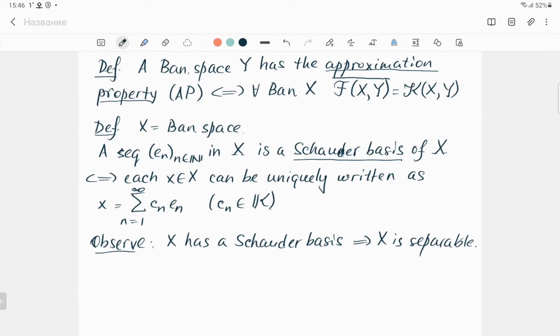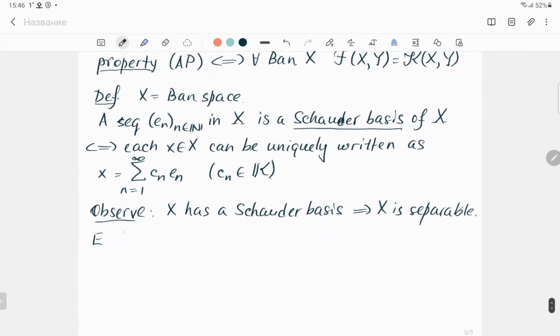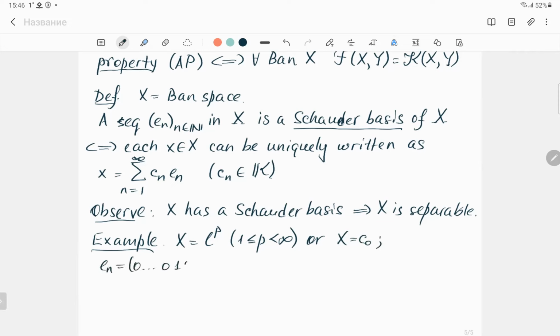Let's look at some obvious examples. For example, if we take the little l^p space where p is finite, or the little c_0 space, and as usual, we denote by e_n the following element of X. Then it's easy to see that e_n is a Schauder basis. So little l^p has a Schauder basis.